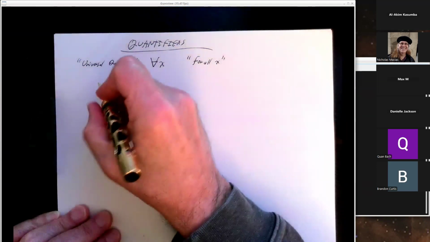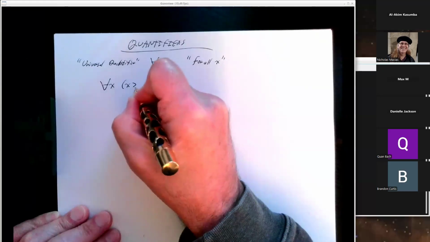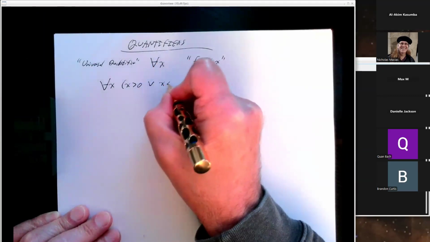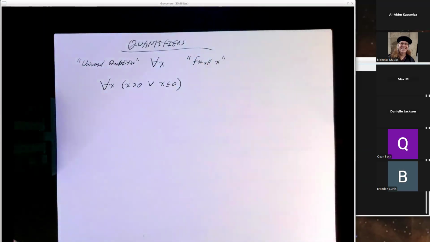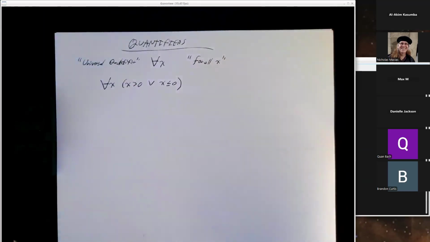And so, for example, here's a proposition. For all x, x is bigger than 0 or x is less than or equal to 0. That's a proposition.